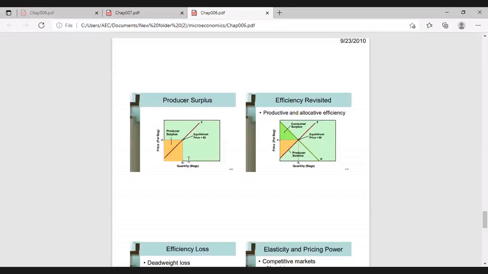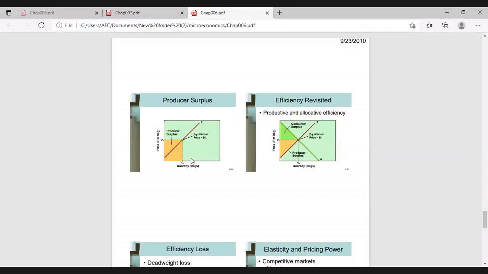There are two efficiencies, productive efficiency and allocative efficiency. We studied earlier: productive efficiency means that if there is competition in the market, then competition forces all the producers to produce at the lowest cost using the best technology.